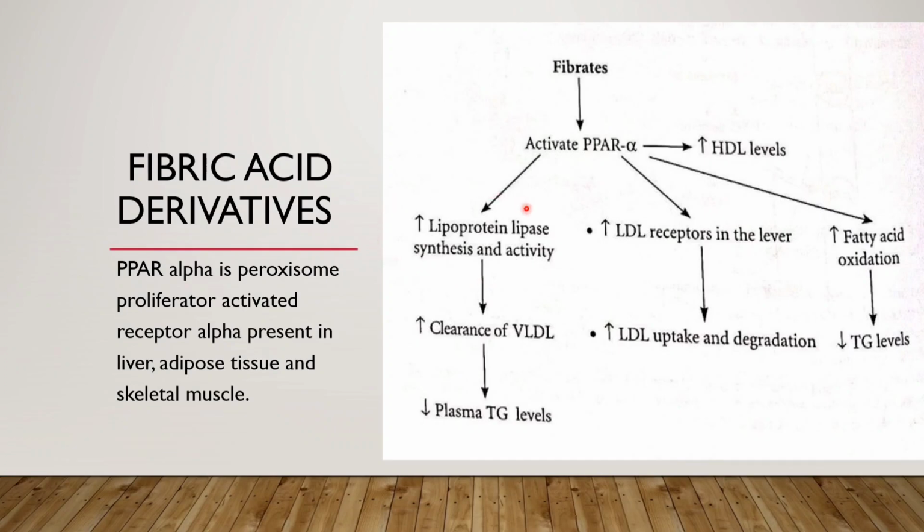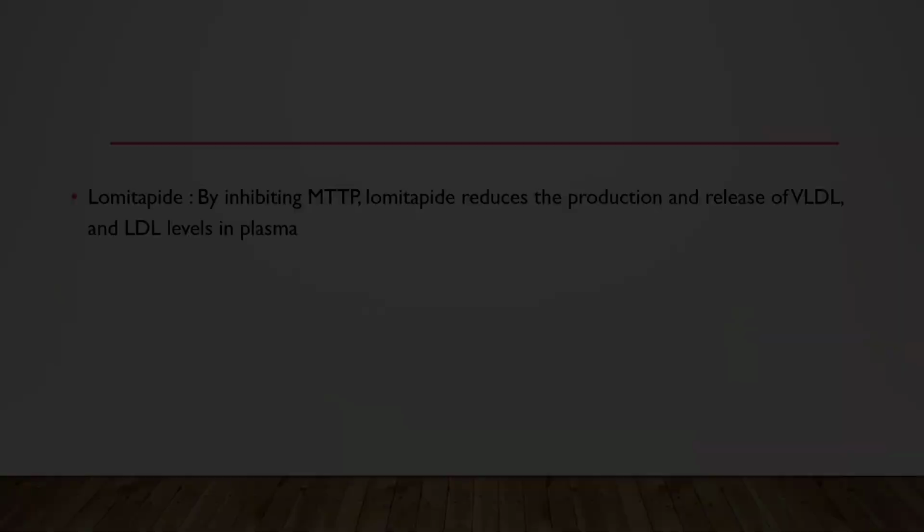So when there is an increase in lipoprotein lipase synthesis and activity, there is an increase in clearance of VLDL, and so a decrease in plasma triglyceride levels. It also increases LDL receptors in the liver, and so there is an increase in LDL uptake and its degradation. It also increases fatty acid oxidation, so there is a decrease in triglyceride levels. So this is how fibric acid derivatives work.